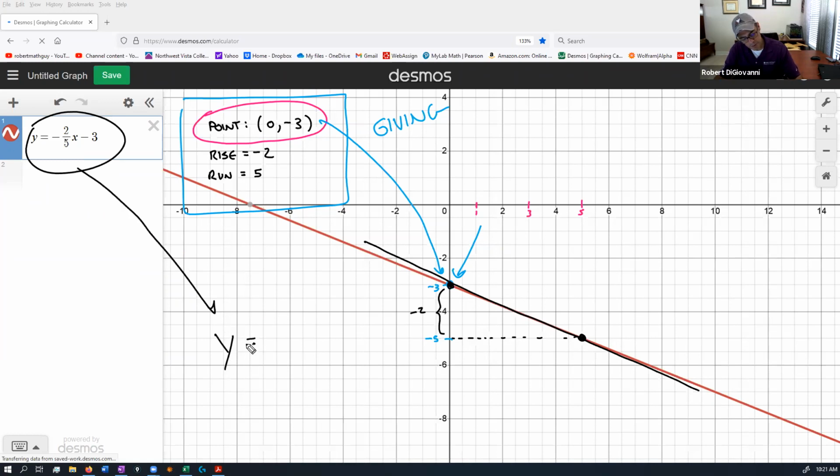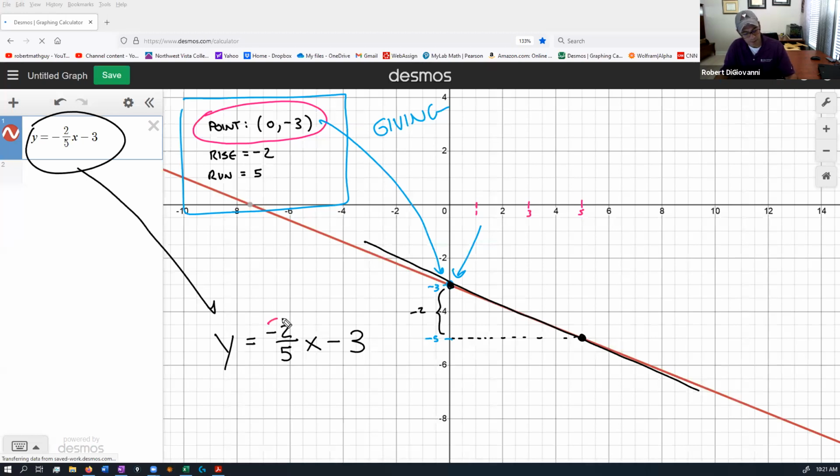Y equals -2/5 x minus 3. I graphed this equation on the computer and it's exactly the line that we just drew. Please recognize that these things are not a coincidence.